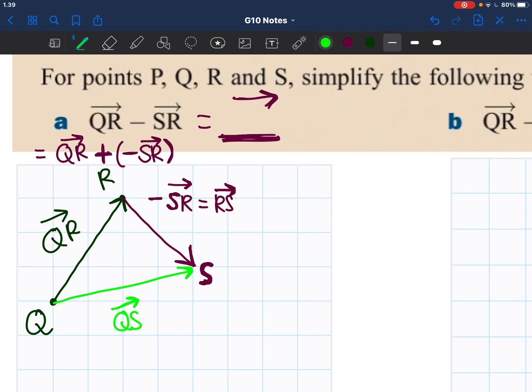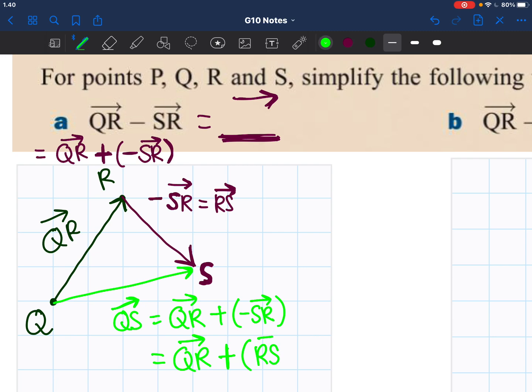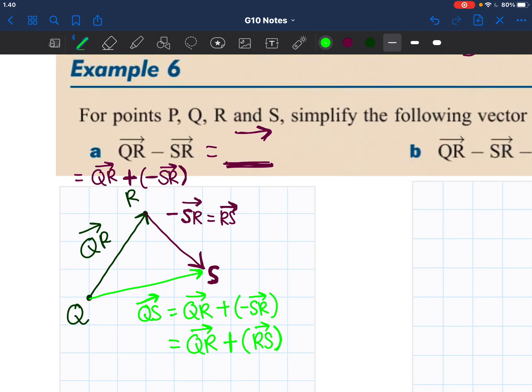As easy as that. You can also spell it out like QR plus negative SR, or you could also simplify it as vector QR plus RS. Yeah, easy. So I want you guys to do this one first.